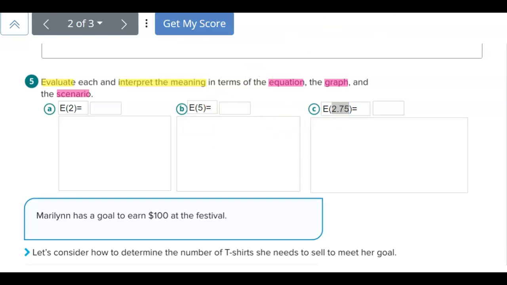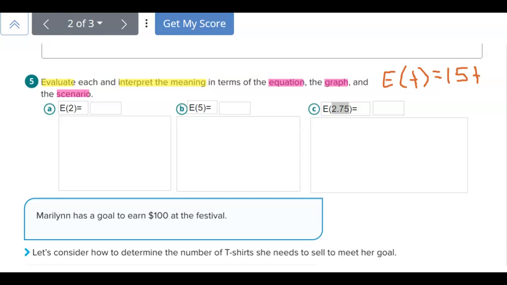I'm going to go out on a limb and imagine that the equation you wrote was e of t equals 15t, because 15t means 15 times t. So for every t-shirt Marilyn sells, to calculate her earnings, we do 15 times that number.